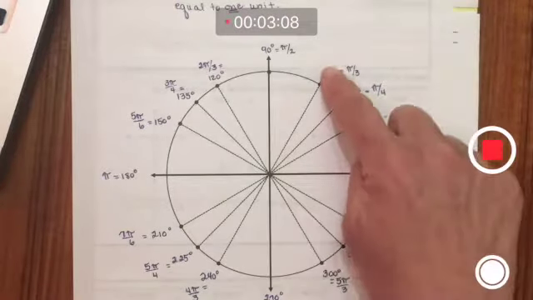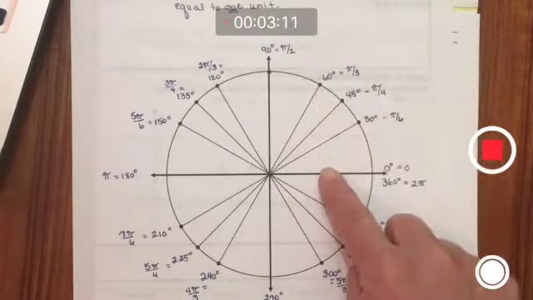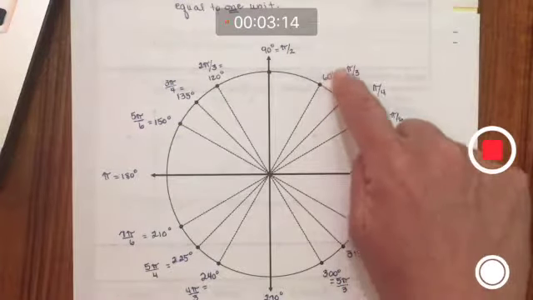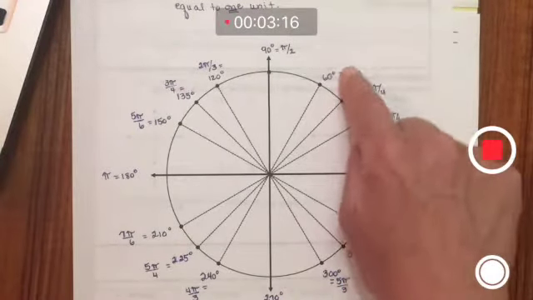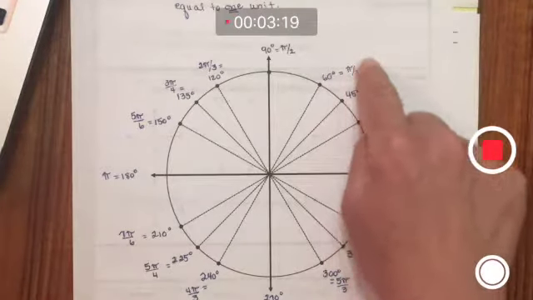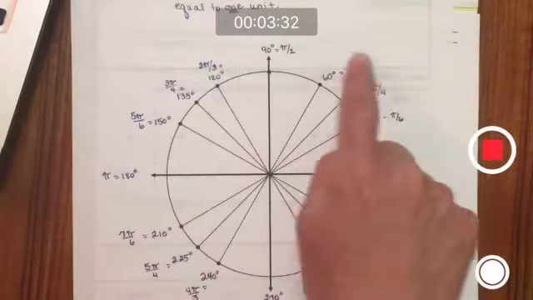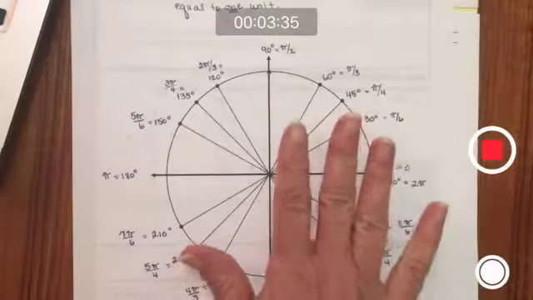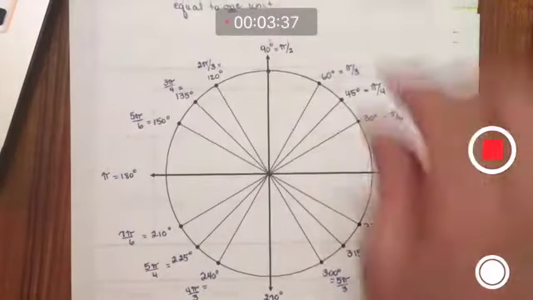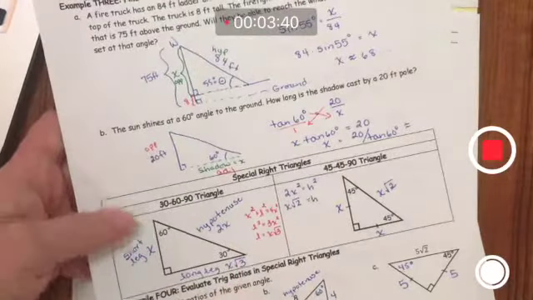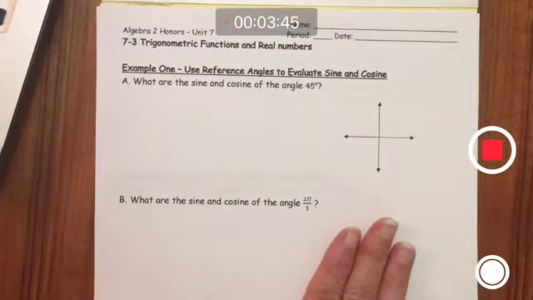And then the 60-degree angles, the ones that are 60 degrees from the x-axis, all in radian measure have denominators of 3. So we'll relate back to this as well and how it relates back to this special right triangle. So I'm going to put these two aside and start with our fresh angles today.